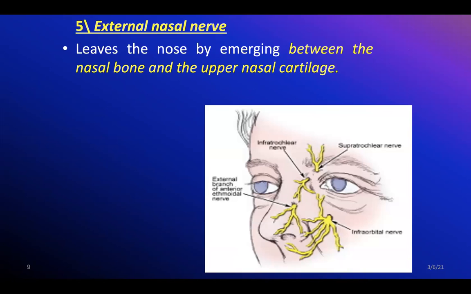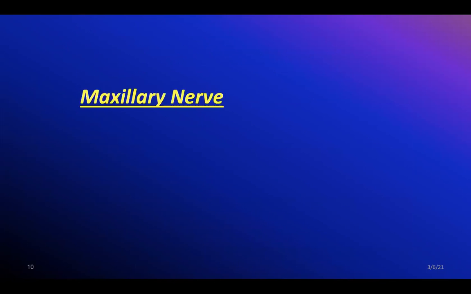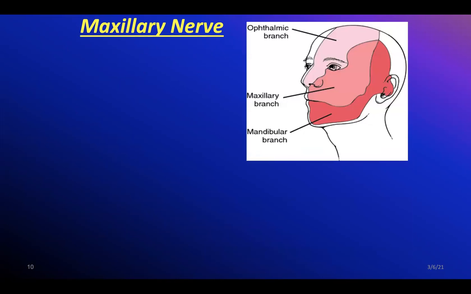We have the external nasal nerve, leaves the nose by emerging between the nasal bone and the upper nasal cartilage. Supplies the skin on the sides of the nose down as far as the tip. We have the V2 or the maxillary division.